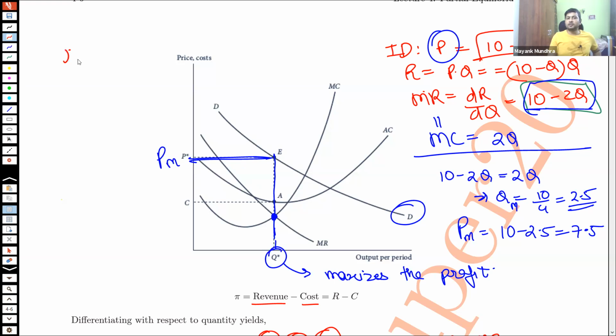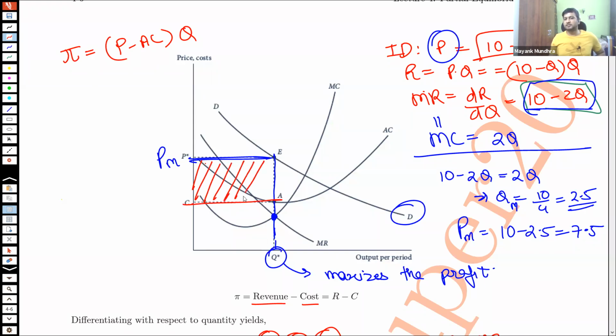Now, finally, coming to profit, profit is equal to price minus average cost into quantity. Very simplistically, profit is price minus average cost into the quantity. So price minus average cost is profit per unit, and into Q is going to give you the total profit. So this is my average cost at this level of quantity.